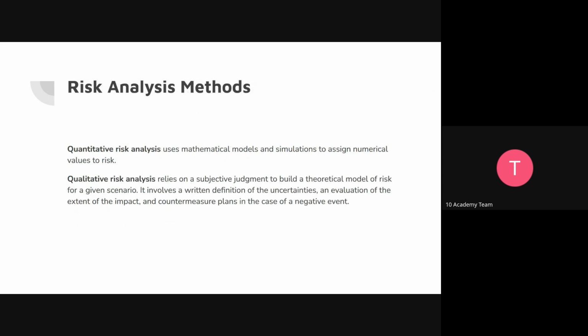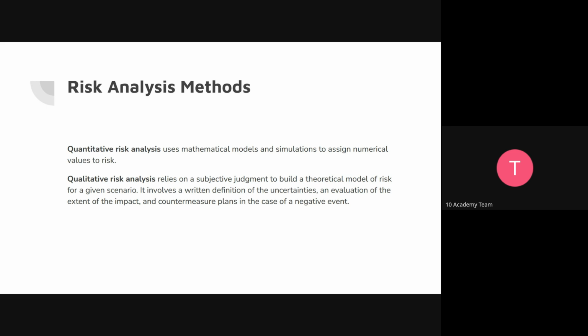Okay, so what are the methods for this analysis? There are multiple methods to do this, depending of course on the sector or the process you are in, like what your corporation is doing, or maybe it's a company, maybe a governmental organization.